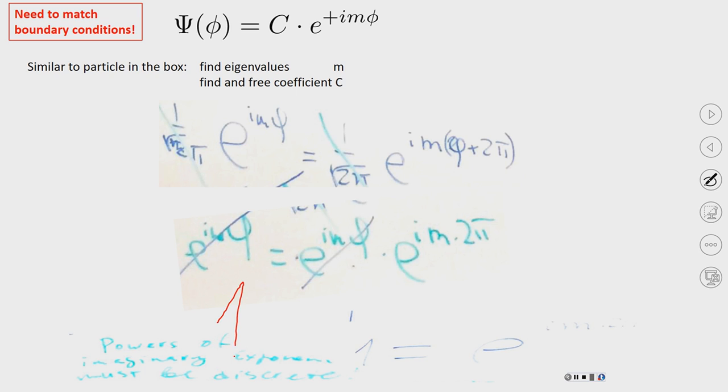So 1 is equal to e to the i m 2 pi. So we know what is 1, we know what is e, we know what is 2, we know what is pi, we know what is i. So the only thing we do not know is m. It is an equation which we can solve for m, right?